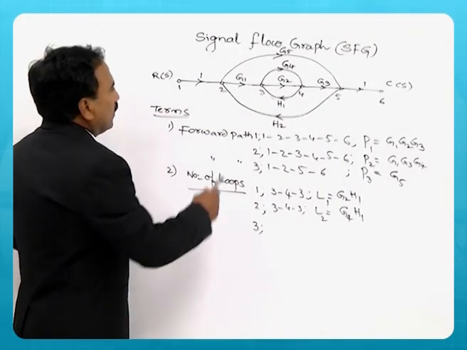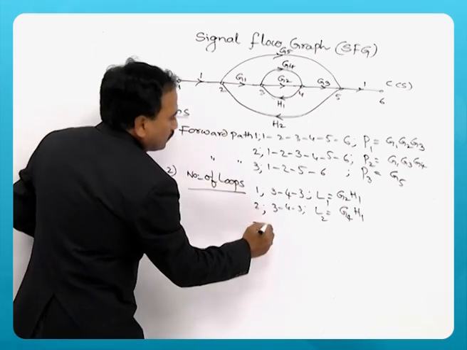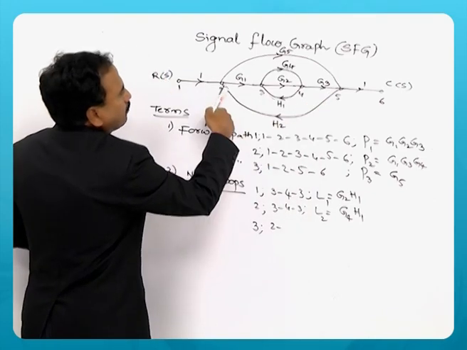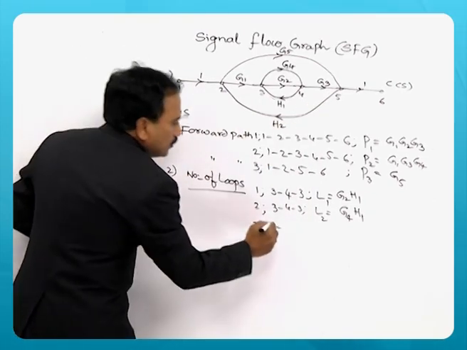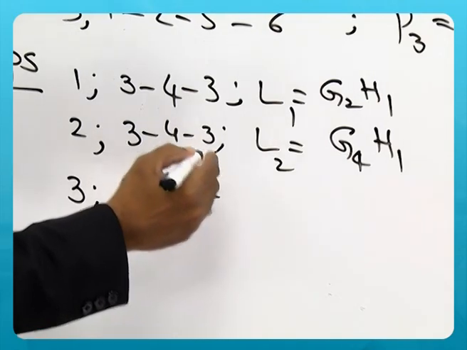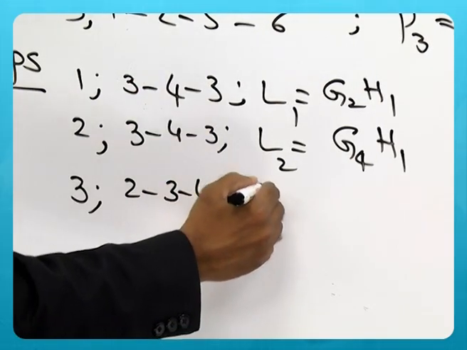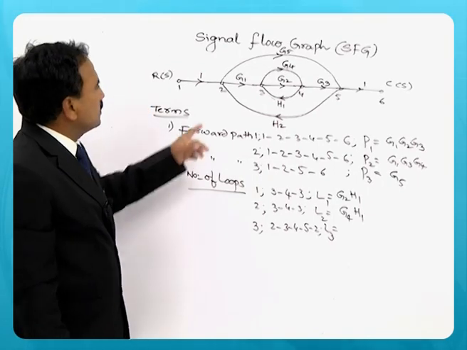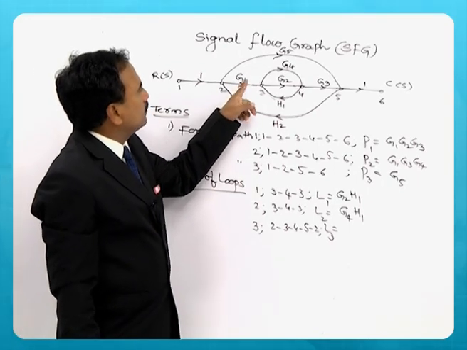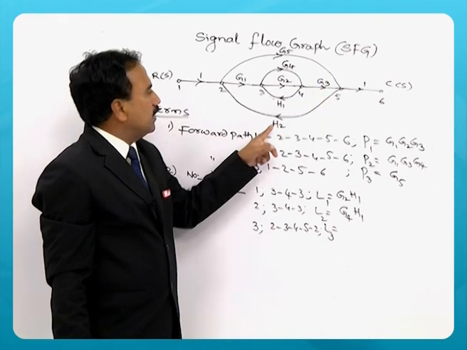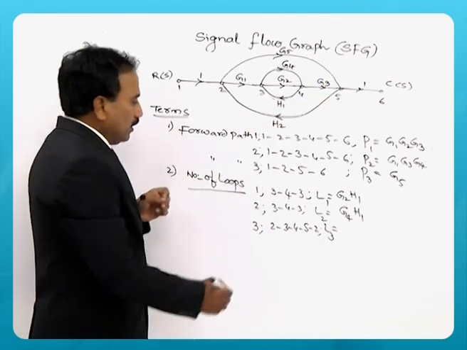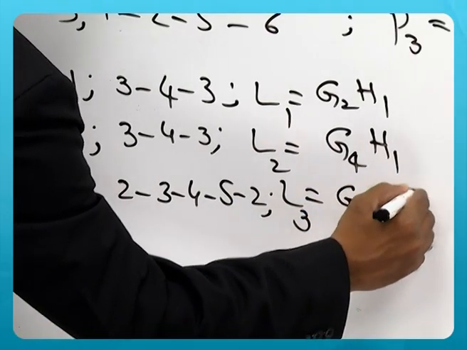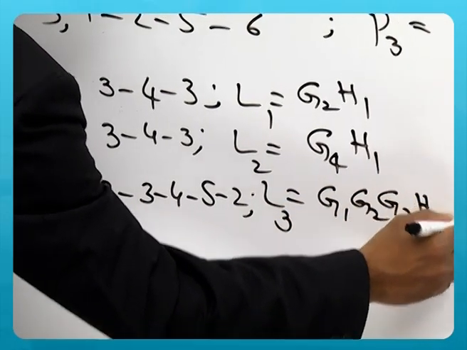Loop 3, I am writing starting from 2, 3, 4, 5 and then back to 2. 2, 3, 4, 5 and back to 2, whose gain is L3, product of G1, G2, G3 and H2. That is the loop gain. So G1, G2, G3, H2.